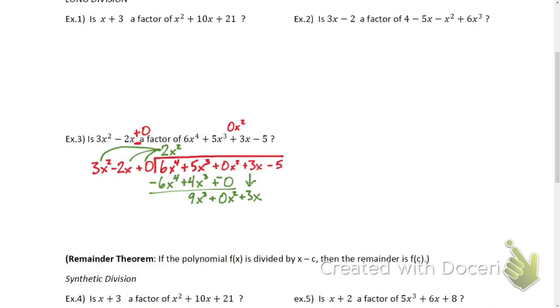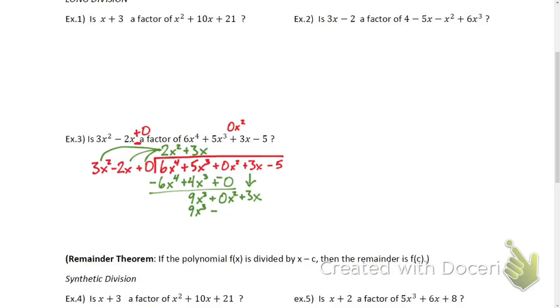All right, next I am looking at this spot times blank gives me 9x cubed. Hopefully you just said 3x. 3x times 3x squared is 9x cubed.